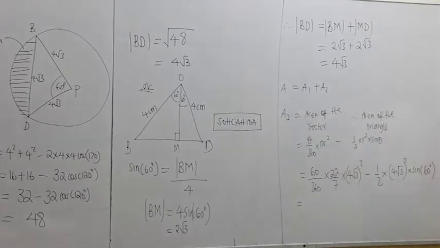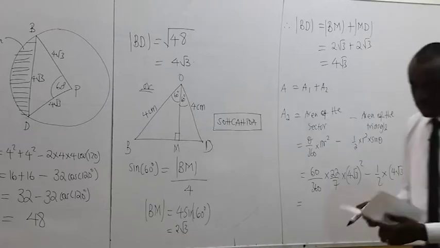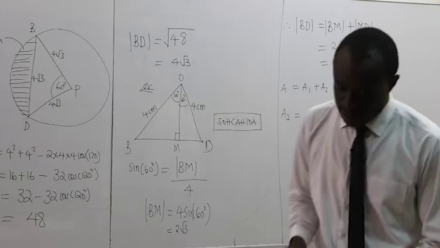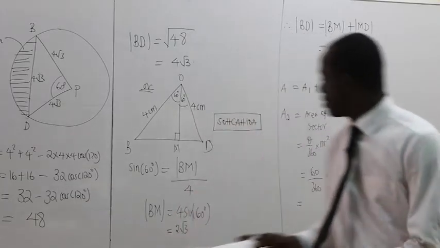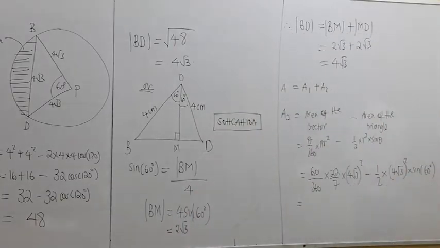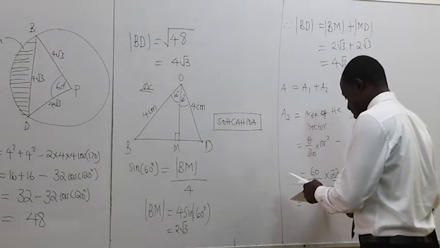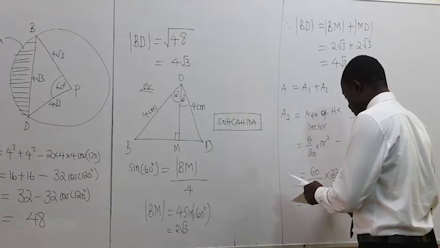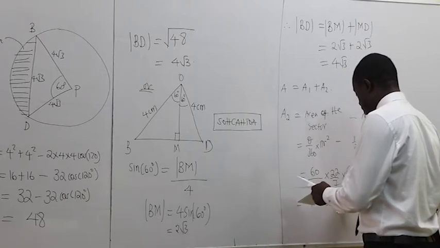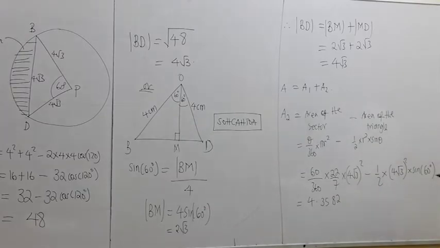Now when you punch this on the calculator, we have this to be 4.3582. That's what we have.